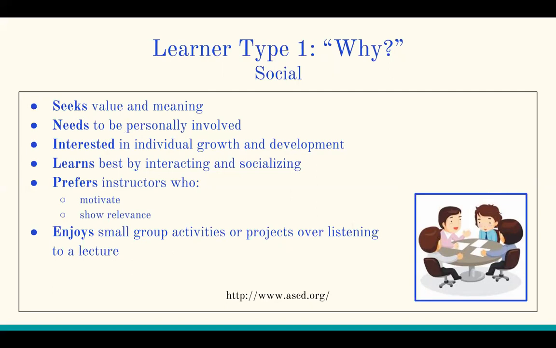So a learner type 1 may ask another student or a classmate in the group, how did you do that? Or how did you learn how to do that? Or how do we do this, rather than going straight to the instructor. They also prefer instructors who are able to use their own experience to teach.